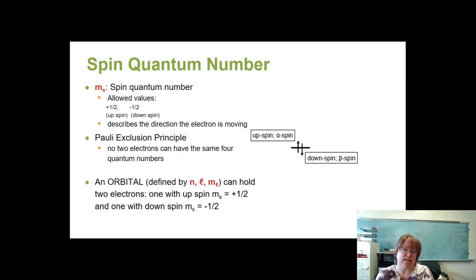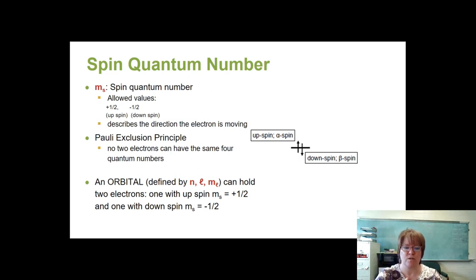Spin quantum number is the last one. And the spin quantum number is referring to the direction or spin quality of the electron in an orbital. So what that ends up meaning is that you can have 2 electrons in every orbital. One with a spin up value and one with a spin down value. Sometimes we use alphas to talk about an up spin and betas to talk about a down spin. Sometimes we just use arrows pointing up and pointing down.